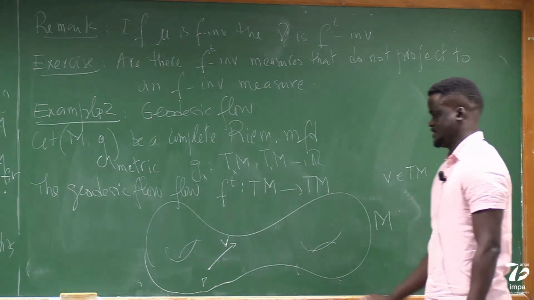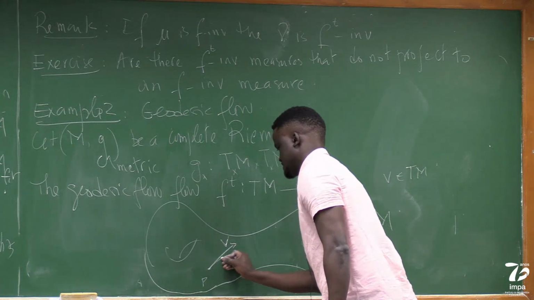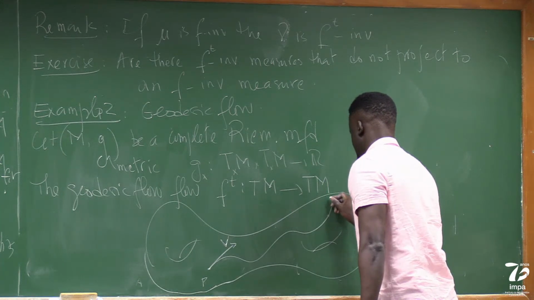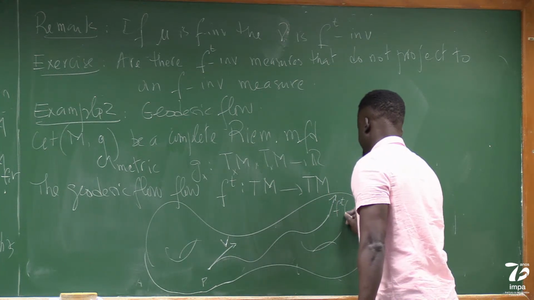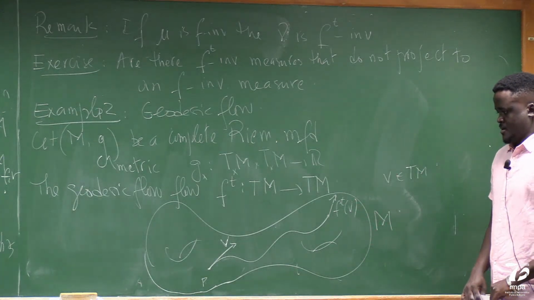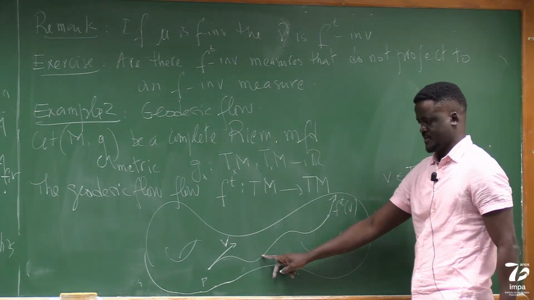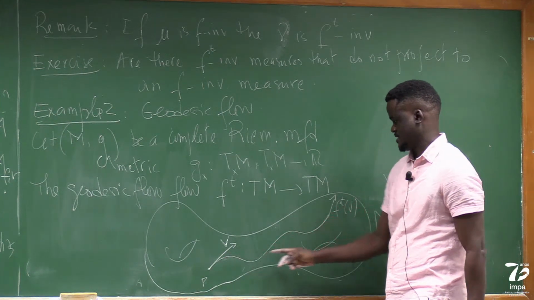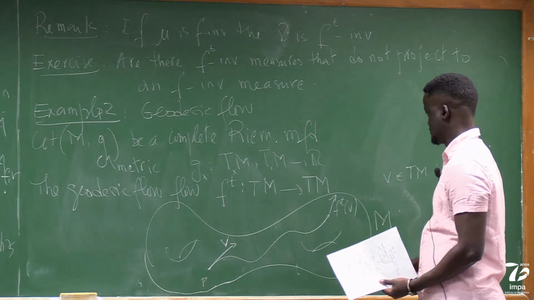And F_tV is just taking the geodesic. So this guy here will be F_tV, where this curve here is the geodesic starting at V, at time t. Let me write it somewhere here.